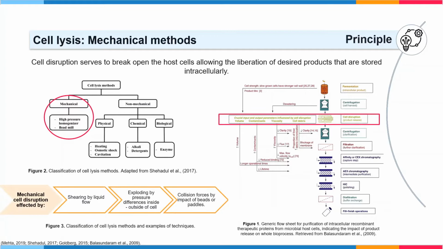The destruction of cell membranes and walls by these methods is effected by subjecting the cells to shearing by liquid flow, exploding by pressure differences between inside and outside of cell, or to collision forces by impact of beads or paddles.